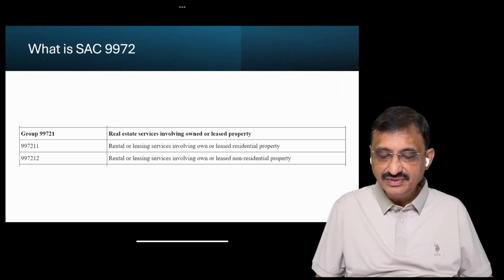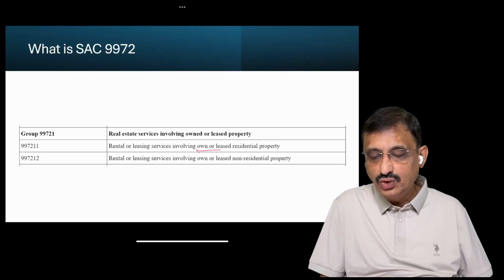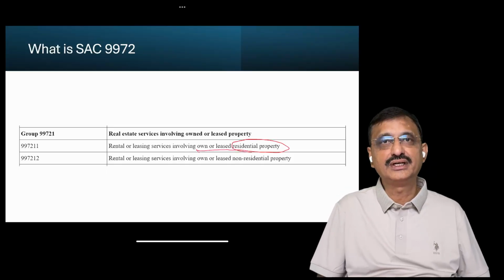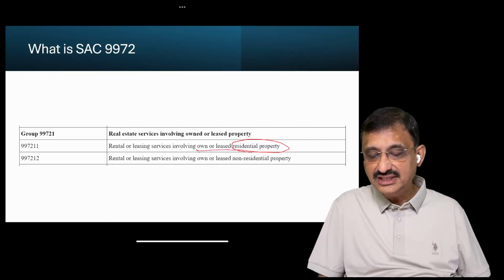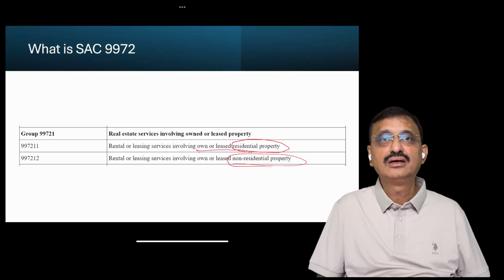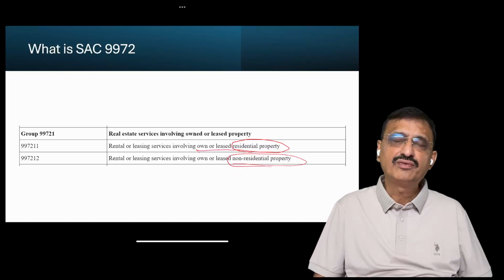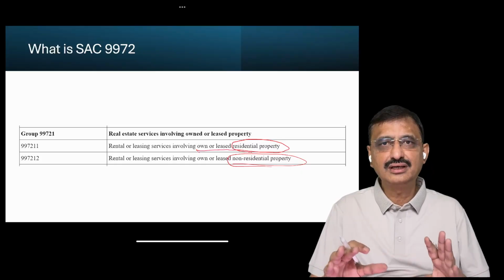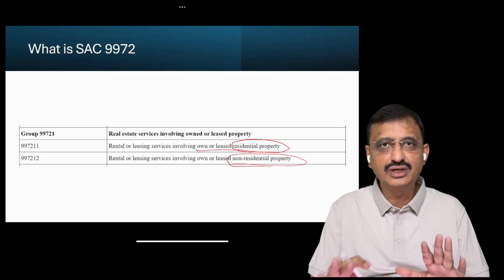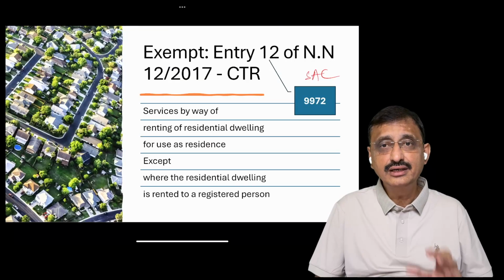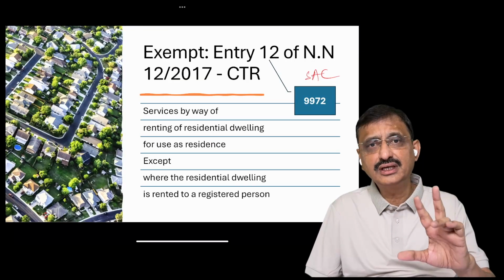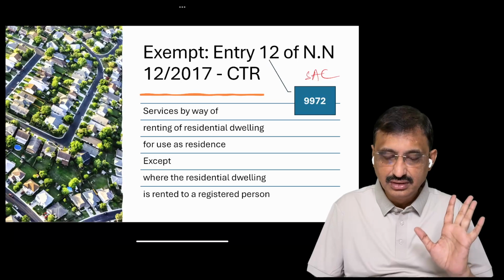Renting or leasing services involving own or leased residential property and renting or leasing services involving own or leased non-residential properties. Of course, there are other entries also, but in this session, we are dealing only with these two entries.